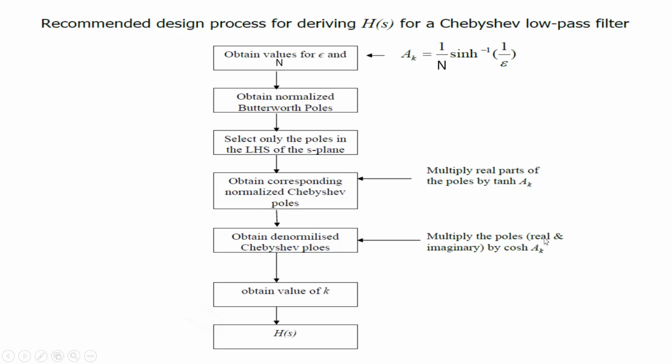By multiplying the poles, real and imaginary, by cosh(a_k). So you will denormalize the poles of the normalized Chebyshev filter by cosh(a_k). From here, you will obtain the value of k, which will be a constant, and from there you will finally get the transfer function of the Chebyshev filter.